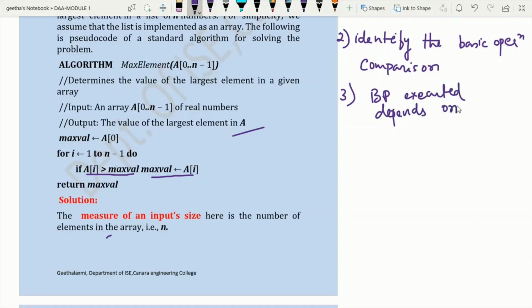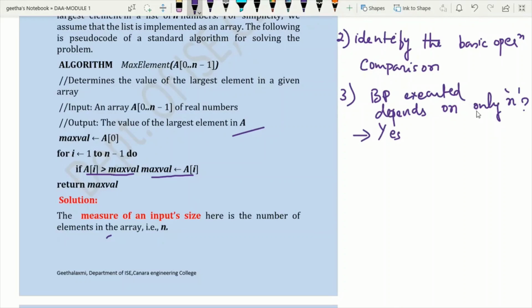Is there any additional property? In this case, yes, it is not dependent on any other additional property. So basically it depends only on n. As you read the number of elements, it is going to execute.